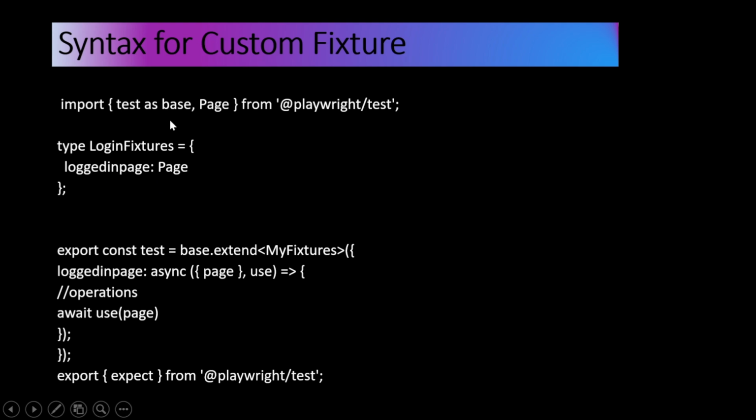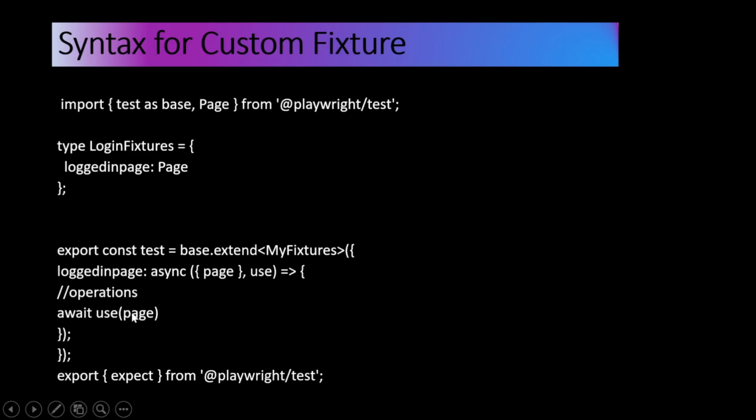That's why we have defined a fixture of type page. Then, using this base, we are extending my fixture. Here it is going to be login fixture. Actually, I copied from the official website, that's why it is a mistake, but it is going to be what we have defined here. You can name it anything. Inside that, we need to provide this particular variable, and we need to write the test function where we are going to write the logic. And then we need to use this particular command, await use.